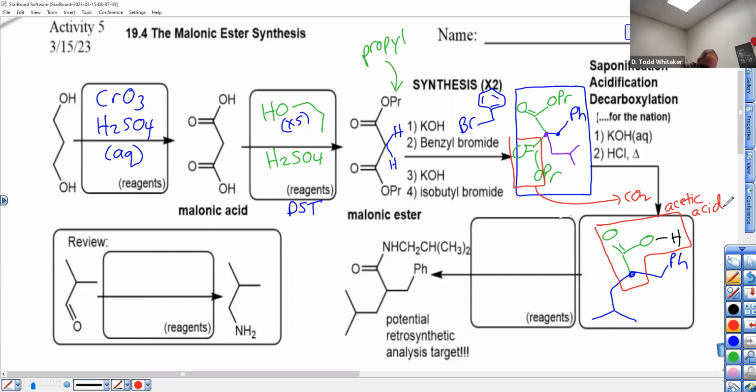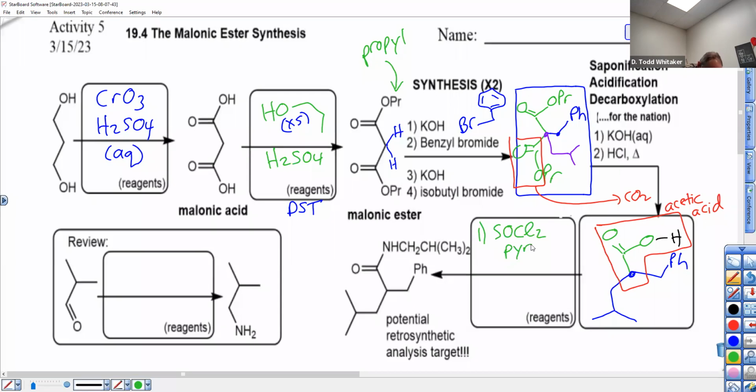And now I've got to first put a better leaving group up there on the carbonyl. What is the best way to convert an OH leaving group to a better leaving group? She likes acid halide, and I like that a lot. And that's always SOCl2 and pyridine.